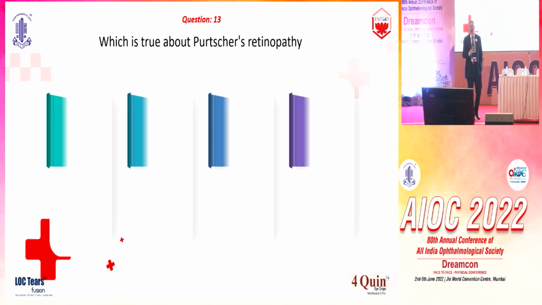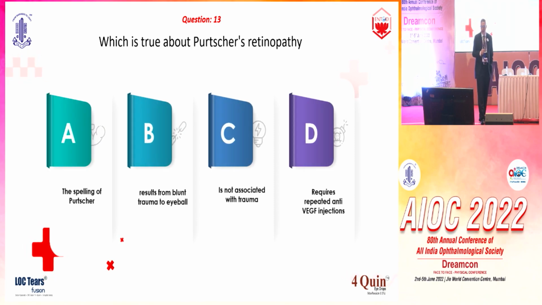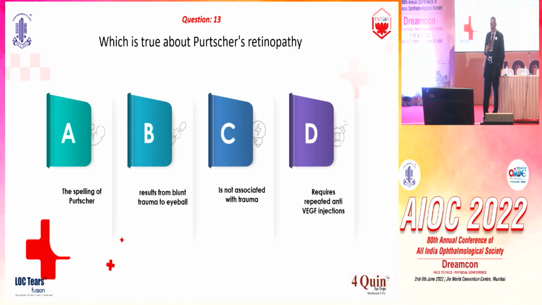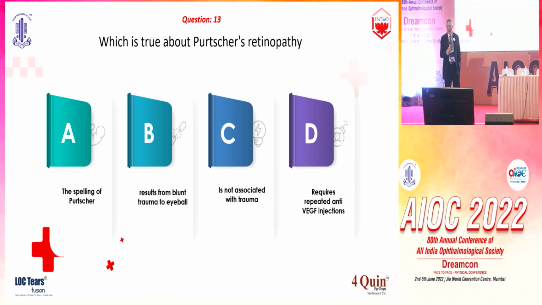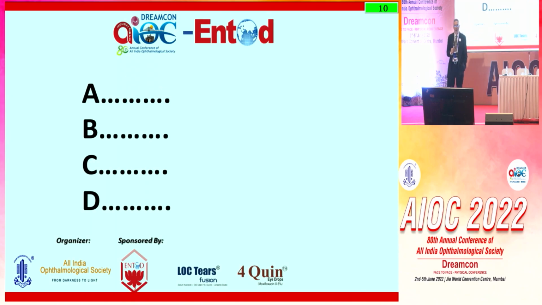Which is true about Purtscher's retinopathy? The spelling of Purtscher. It results from blunt trauma to the eyeball. It's not associated with trauma, or it requires repeated anti-VEGF injections. Only one of these is true. That means the spelling of Purtscher is correct, or it results from blunt trauma to the eyeball, or it's not associated with trauma.